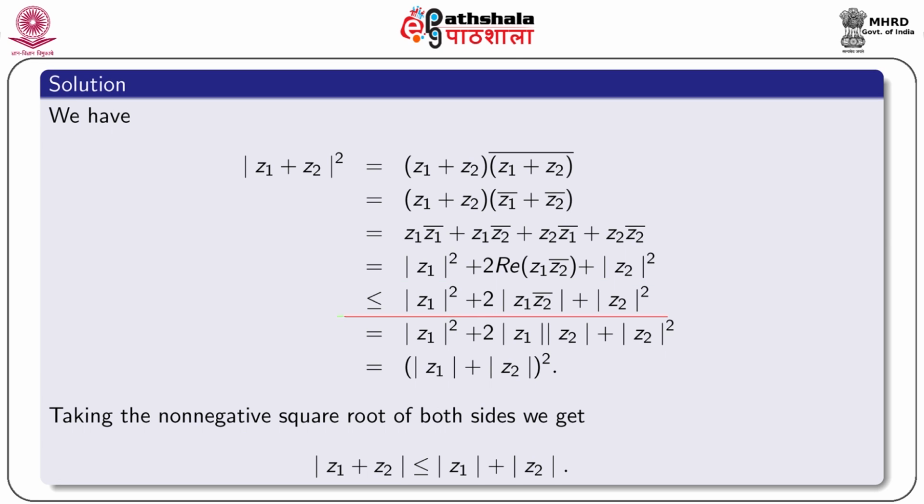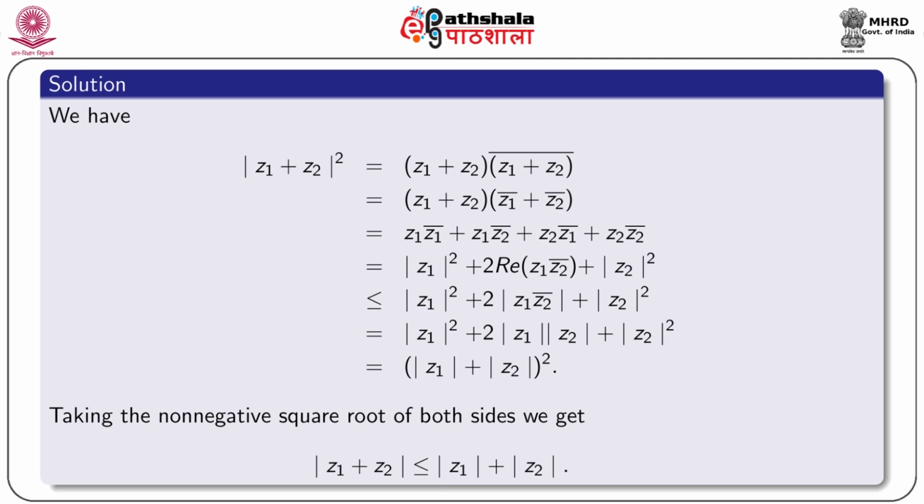and that is less or equal to mod z1 square plus twice modulus z1 z2 bar plus modulus z2 square, because we know real part of z is less or equal to mod z, and so this equals mod z1 square plus twice mod z1 mod z2 plus mod z2 square, and this is equal to (modulus z1 plus modulus z2) square.